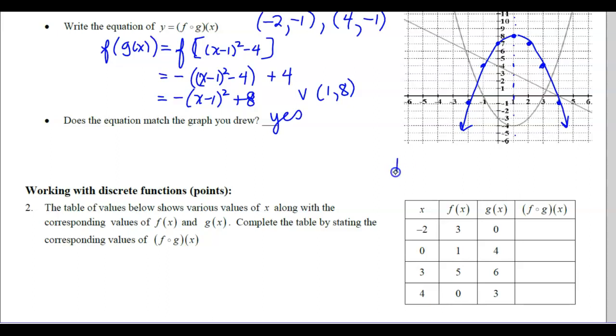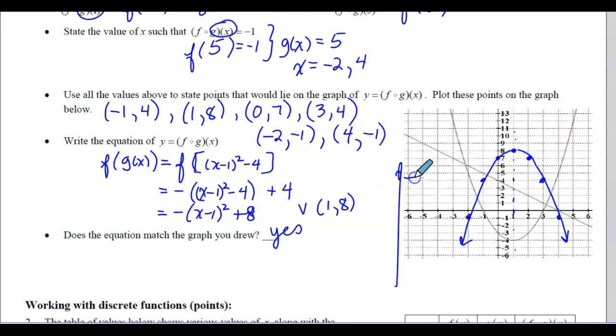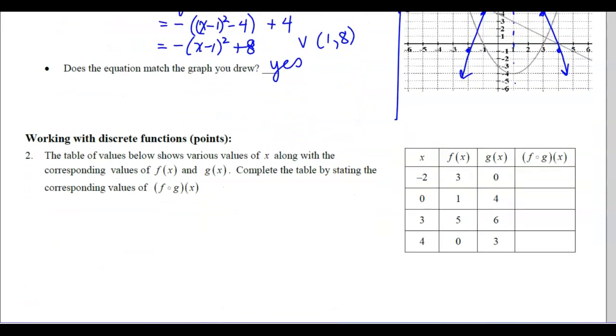So for f, for example, would be the ordered pairs -2, 3, 0, 1, 3, 5, and 4, 0. Okay, you don't have to write that out. I'm just showing you that would be the long way of writing it.